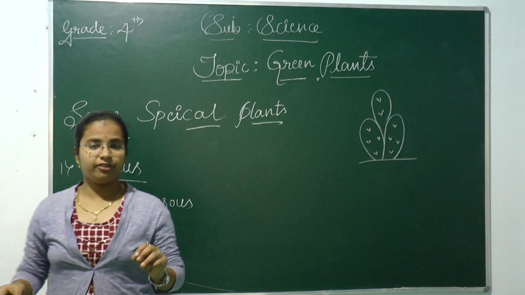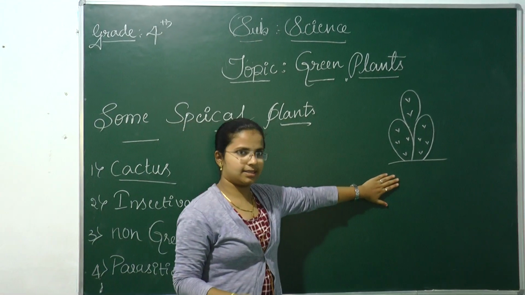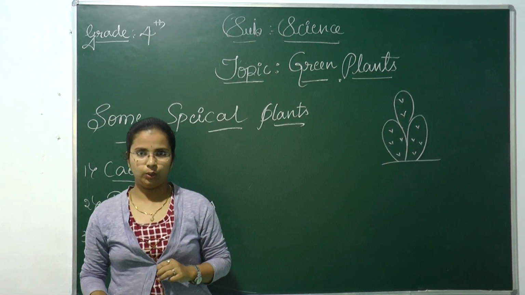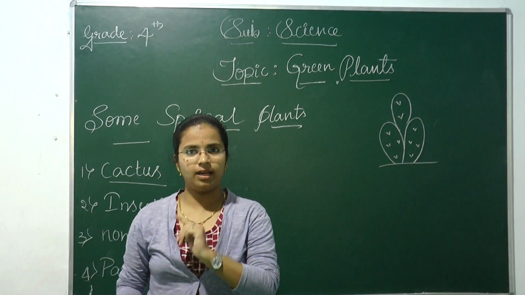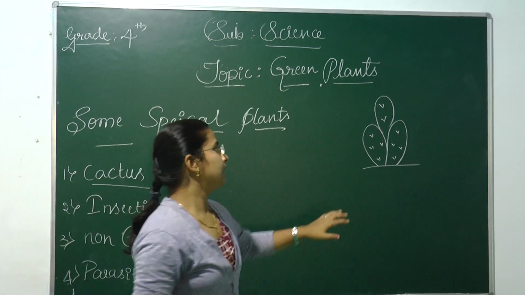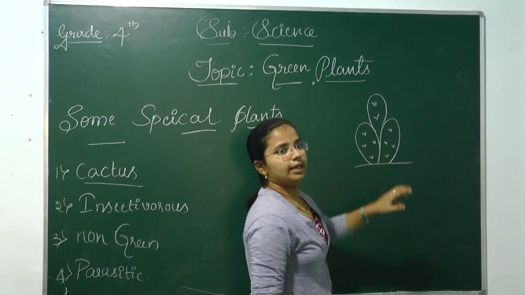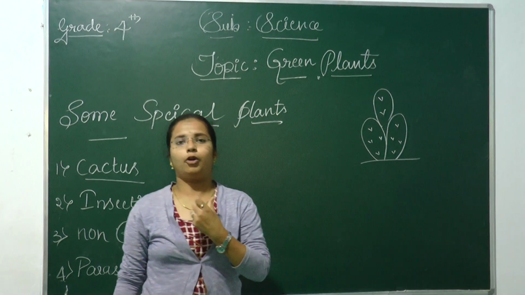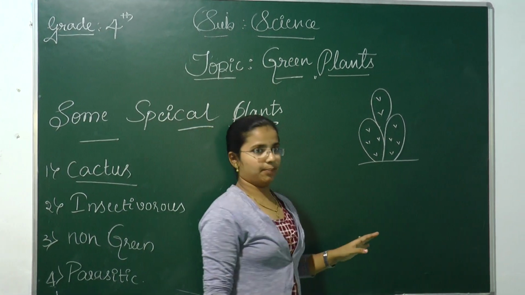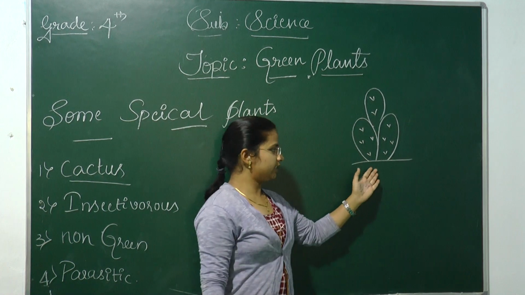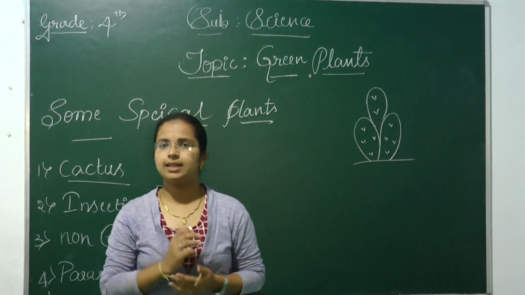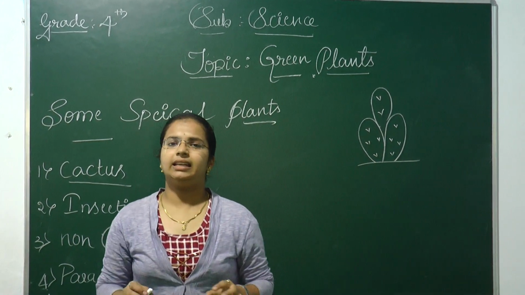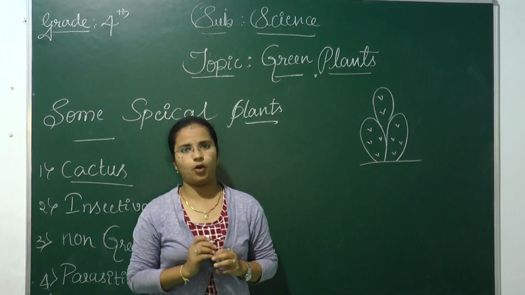The leaves of these plants are modified into thorn-like structures, which help them reduce water evaporation. These plants grow in our desert places where there is scarcity of water.